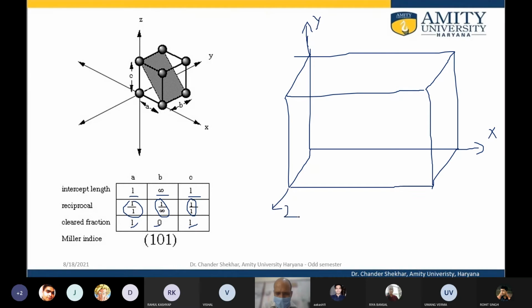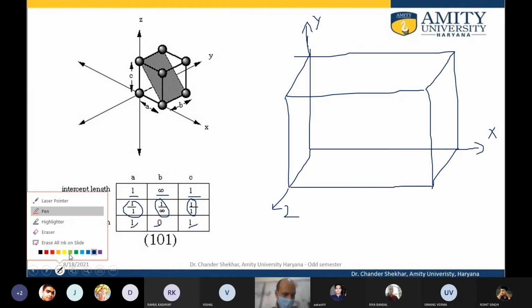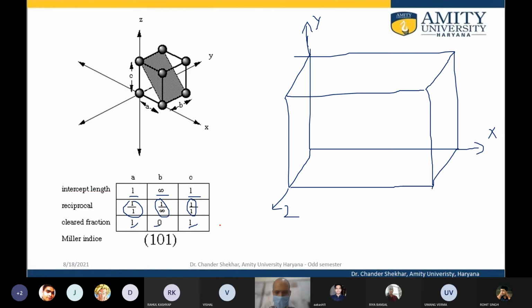There is no particular convention about which direction is x or y. So if this is 1 0 1, that means it intersects the x-axis at unit edge length, y it doesn't intersect, it is parallel, and z it intersects at unit edge length. So this is how the whole plane looks.